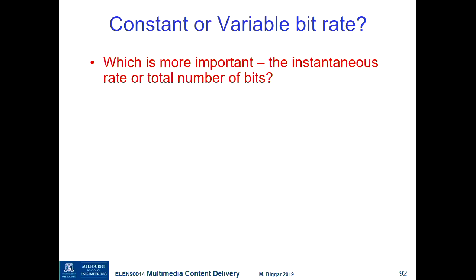So the bit rate that DVDs are stored at is varying with a maximum that's around 10 megabits per second, limited by the interface rate. But if the video has low complexity, low detail, then the bit rate drops accordingly.